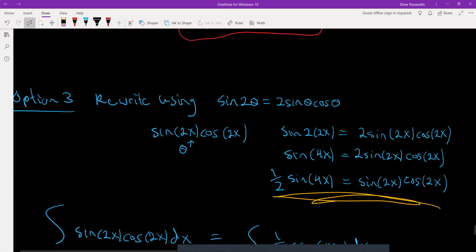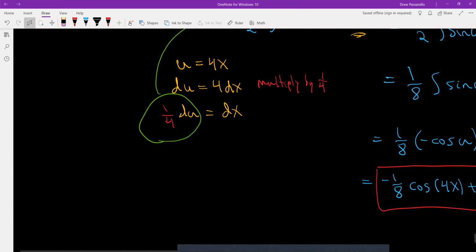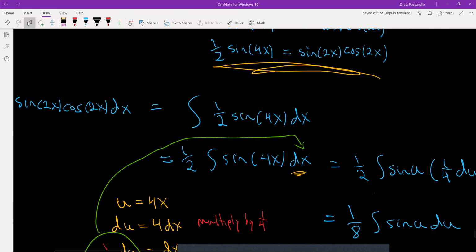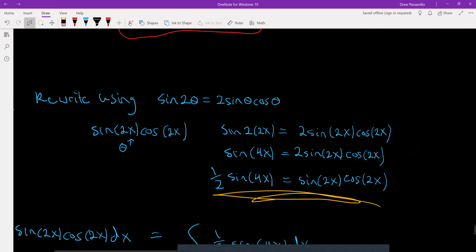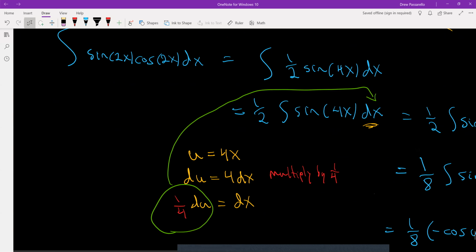The third option is the more complicated one, but you'll get your answer to be negative 1/8 cosine of 4x plus c. There's no power, whereas the other two had exponents of 2. But the third option, you had to use a double angle identity. All right, so that's where I'll stop it with this video.